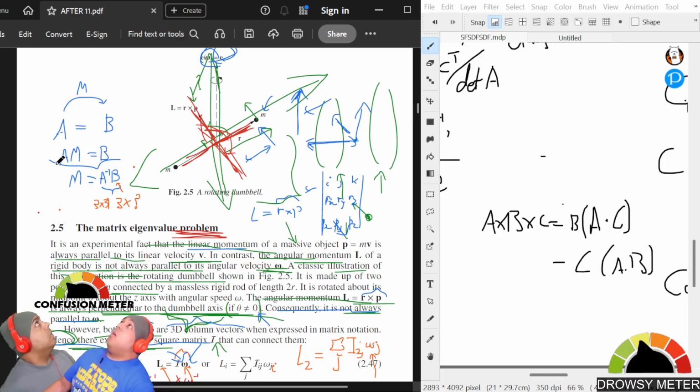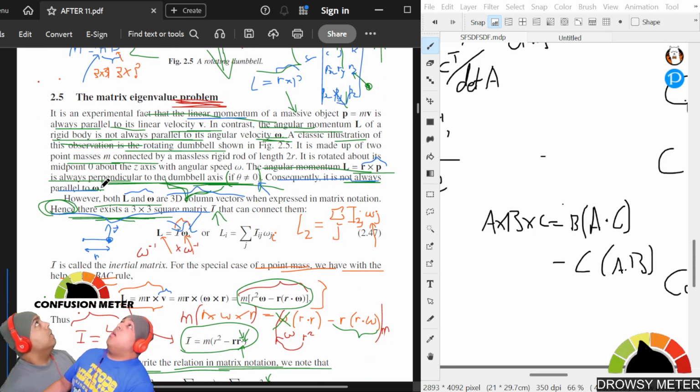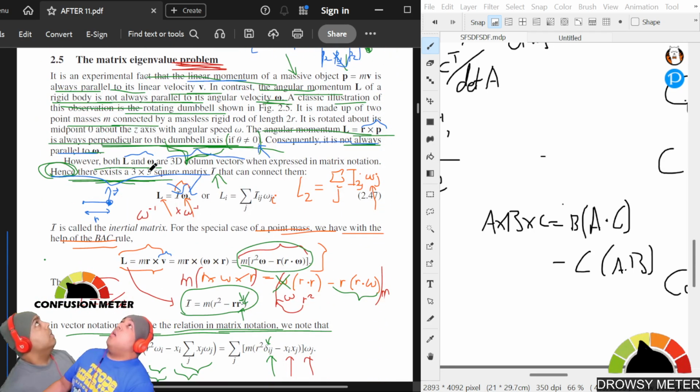M would have to be the inverse of something, one of them. But to get the inverse of something, it needs to be a square matrix. So I was confused because a column vector is a 3 by 1. The 3D column vectors. But now I've done the logic shenanigans to make it a 3 by 3. I could be wrong, but let's just roll with it.